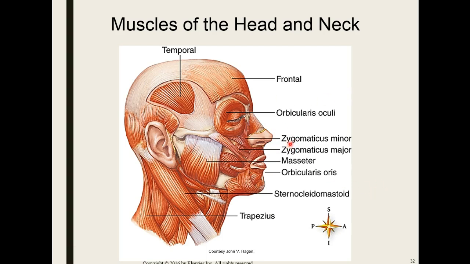So here you can see the zygomaticus, which is responsible for smiling. The masseter right here is going to elevate the mandible. Sternocleidomastoid flexes the head. The trapezius elevates the shoulders, extends the head.